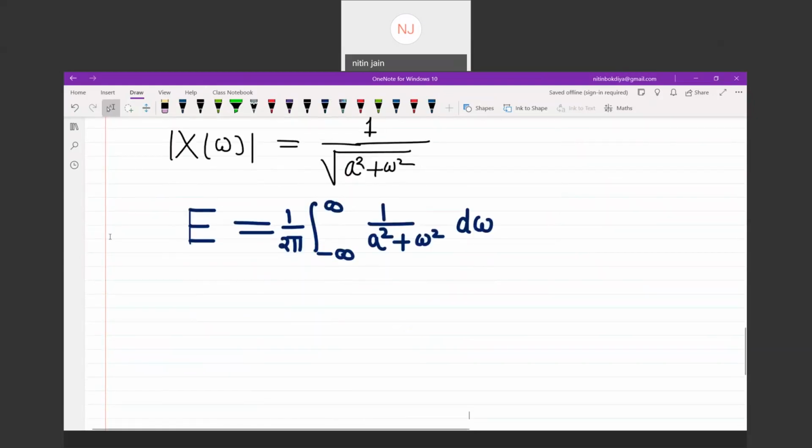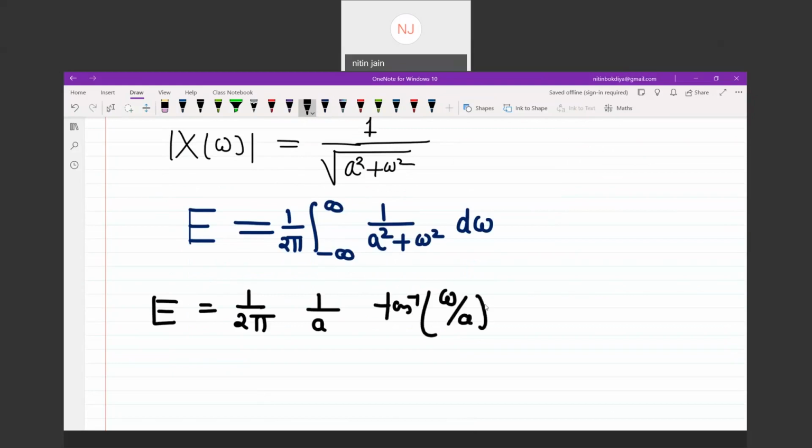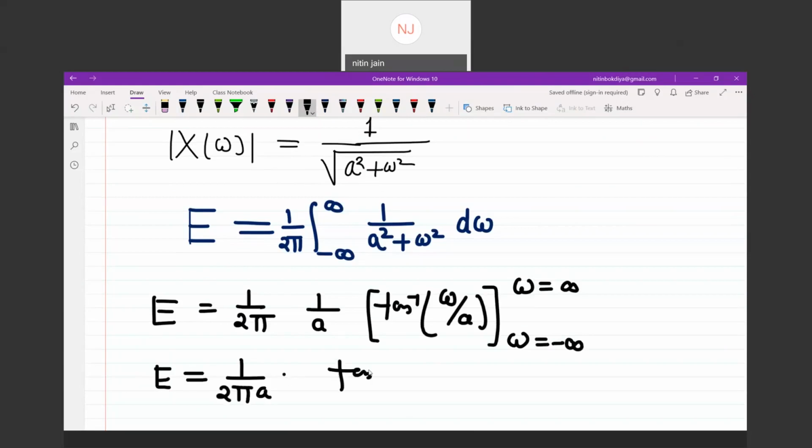And we can calculate this integral. This integral becomes 1 by 2π times 1 by a tan inverse of ω by a, where ω varies from minus infinity to infinity. So the energy of the signal can be written as 1 divided by 2πa times tan inverse of infinity minus tan inverse of minus infinity.